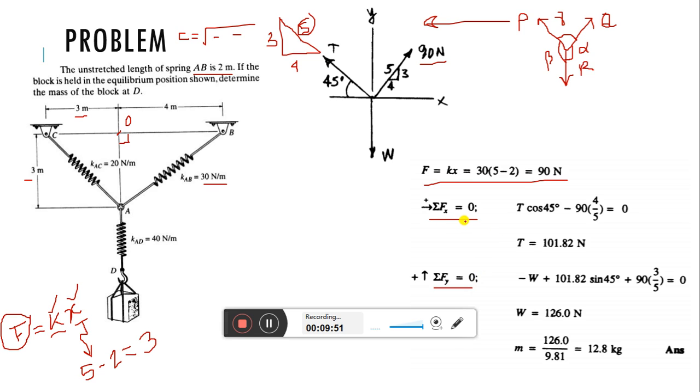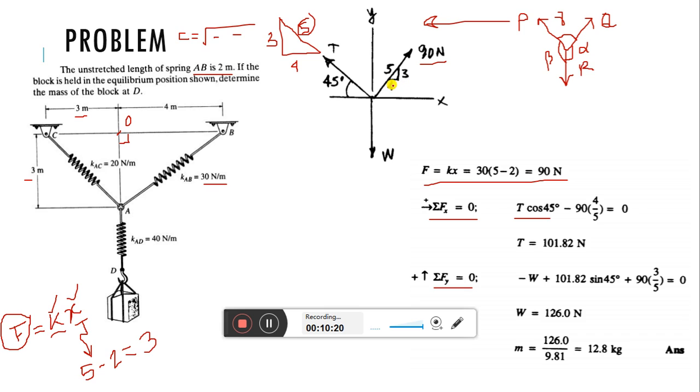So if you write summation of Fx equals to 0, then in the x direction, how many forces are there? One component from T, that is T cos 45 degree. So T cos 45 degree, and in the other end 90 divided by cos of this angle. Now cos means base by hypotenuse.